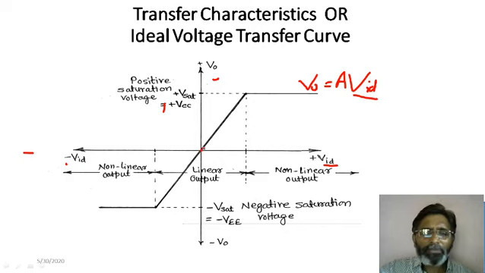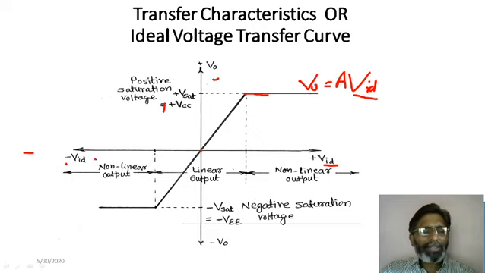As VID increases towards the positive side, your VO will also increase, but it will increase up to a certain level, and when it reaches this point, this is known as the saturation level. Once it reaches this point, if you increase the VID, the output will not change, it will remain constant. So these are the characteristics when your VID is positive.